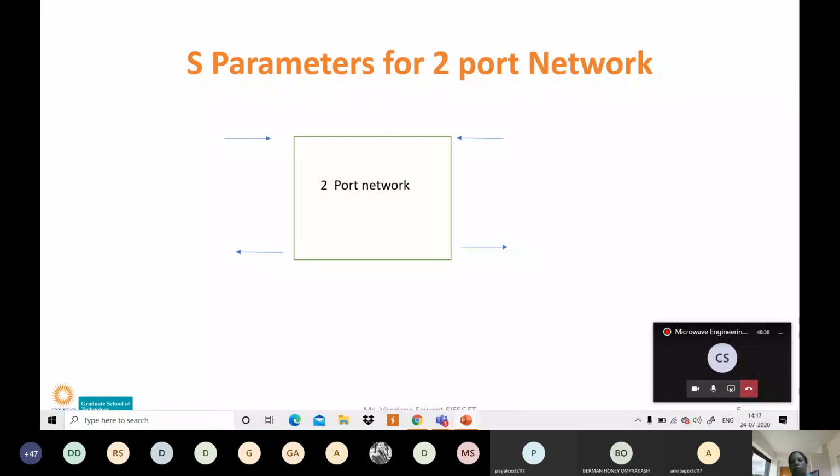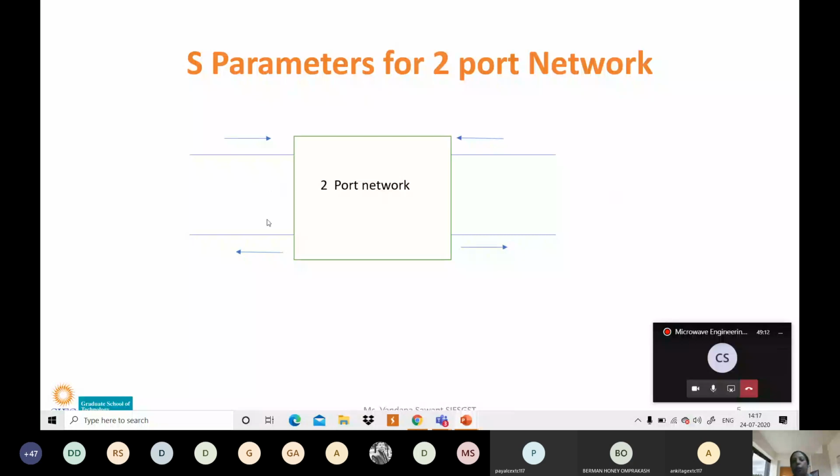So this will be your port 1, and this will be your port 2, like one input and one output terminal. These are called ports. So this is called port 1, one of the ports, and this is called port 2 in this network.